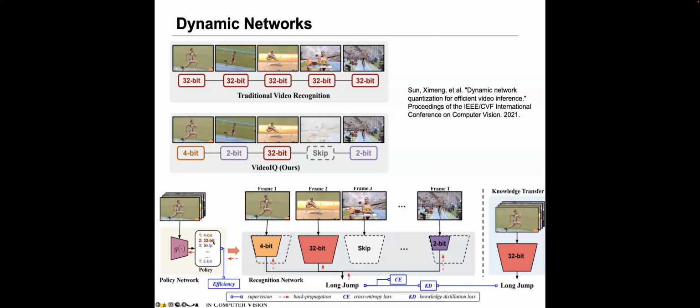Let's say you have maybe 8 different bit levels, this is like an 8-way classification: which bit width do I want to assign to this frame? Once this policy network is trained, we can make a prediction of which quantization level we want to use to encode the feature of this frame. So this is able to achieve this kind of accuracy and computational latency trade-off.